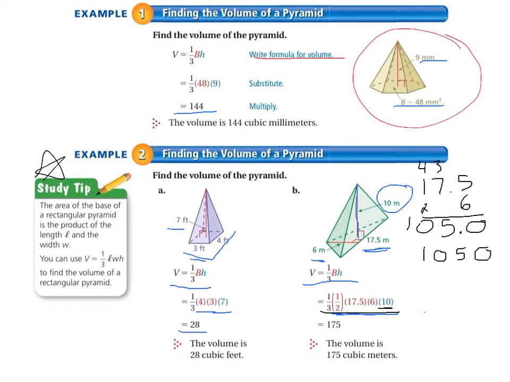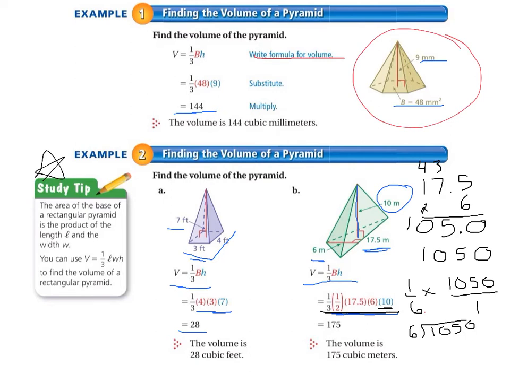And then we have to multiply 1/3 times 1/2, which equals 1/6. So we have 1/6 times 1050, I'm going to put that over 1. So if I multiply that straight across, I'll get 1050 over 6, which is saying divide. So it's saying 1050 divided by 6.